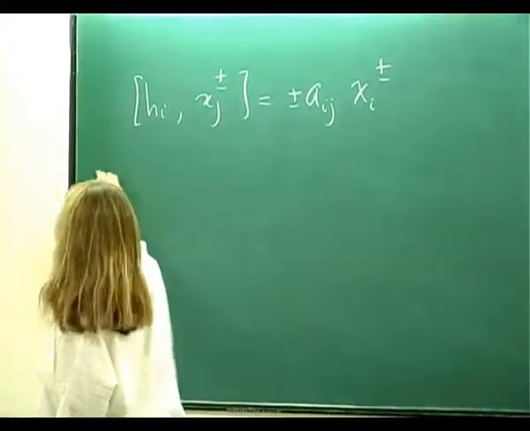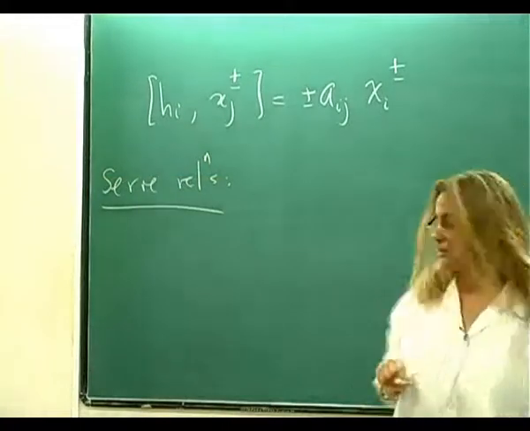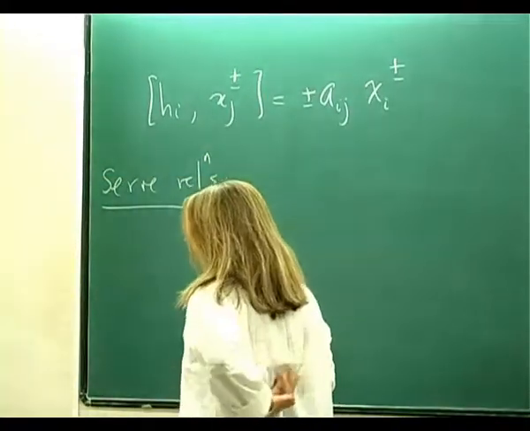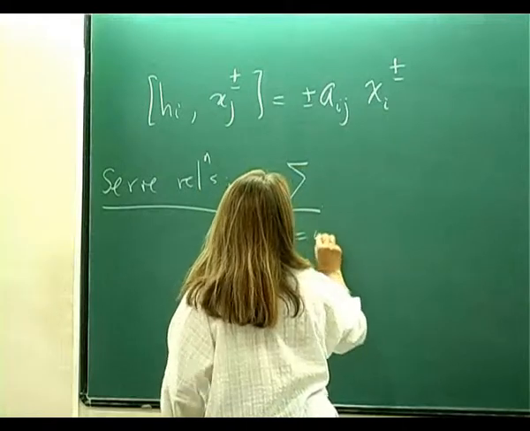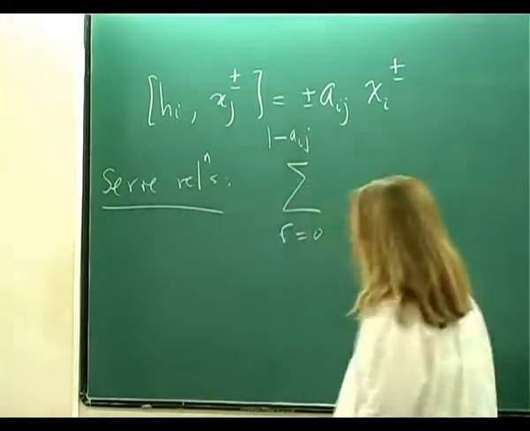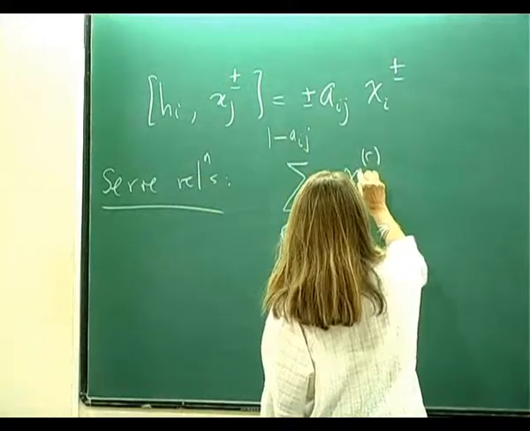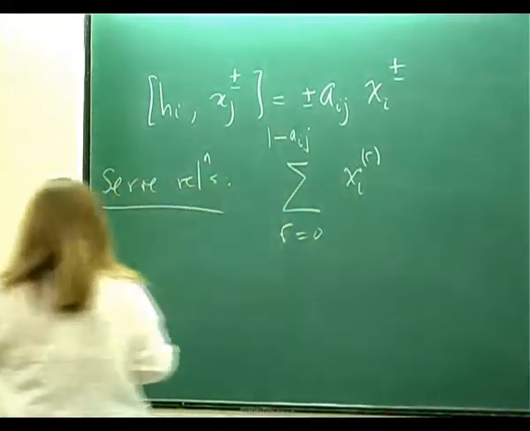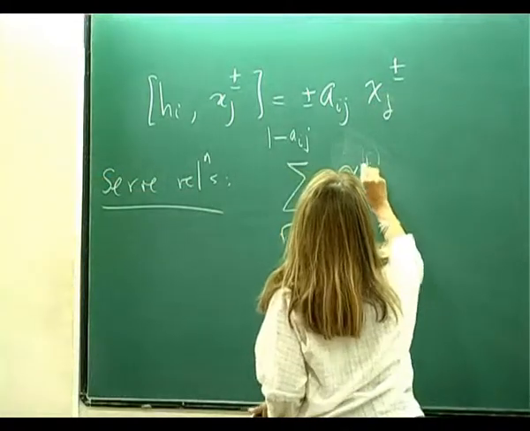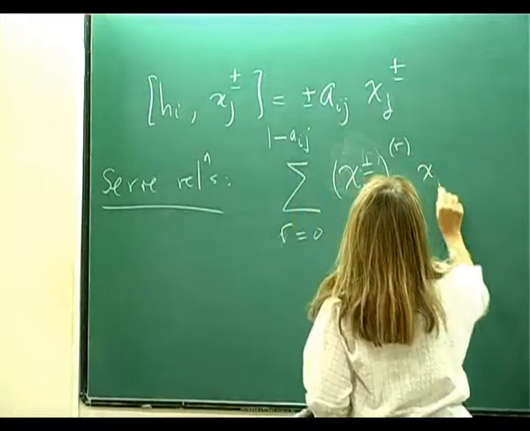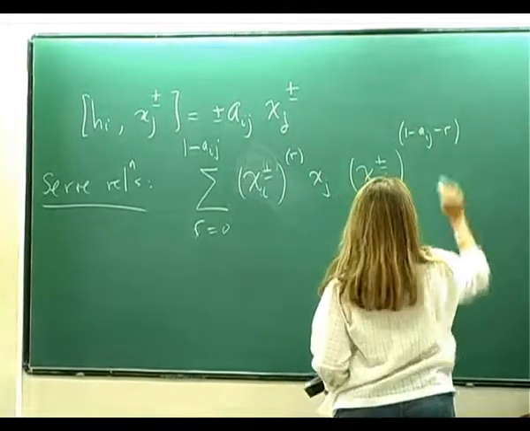And the fourth relation is called the Serre relations, because they were originally shown by Serre to give you finite dimensional simple Lie algebras, and that we'll write as follows: summation r equal to 0 to 1 minus aij of xi plus or minus, all raised to r, xj, xi plus or minus raised to 1 minus aij minus r, equal to 0.